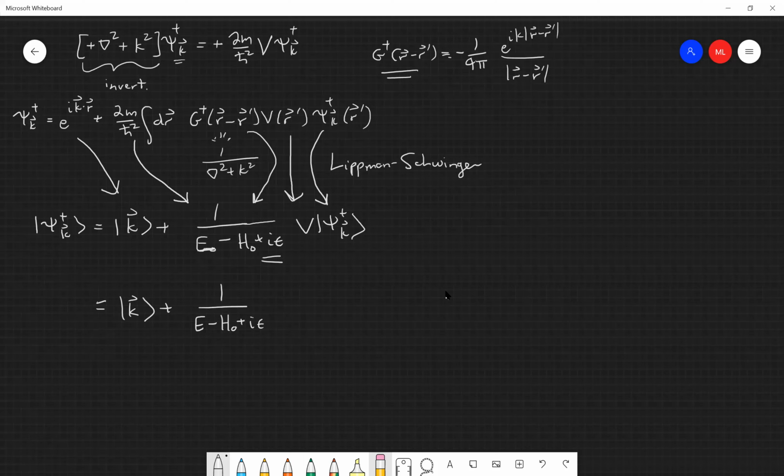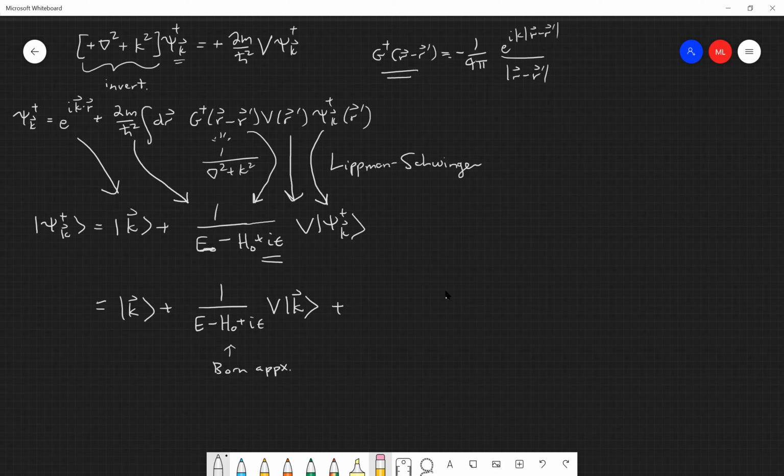It has the same kind of structure where we just back substitute in the previous solution. So to leading order in V, you just substitute in this guy, the ket k. So this would be the Born approximation, which you looked at in a different way using Fermi's golden rule, but it's the same thing. Get that same expression.